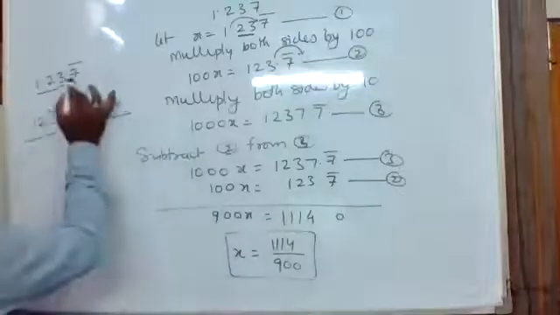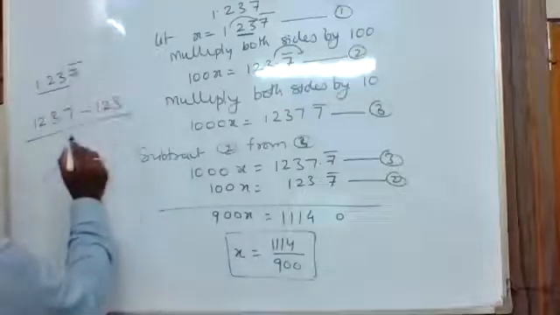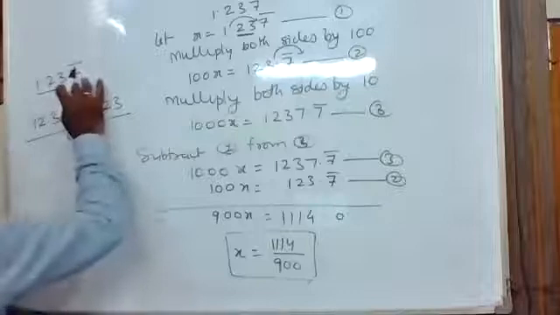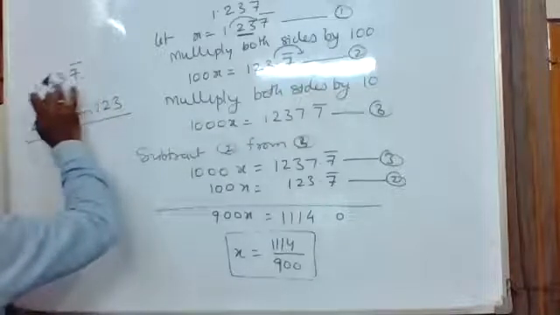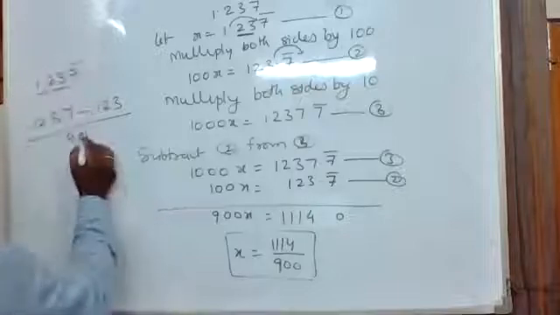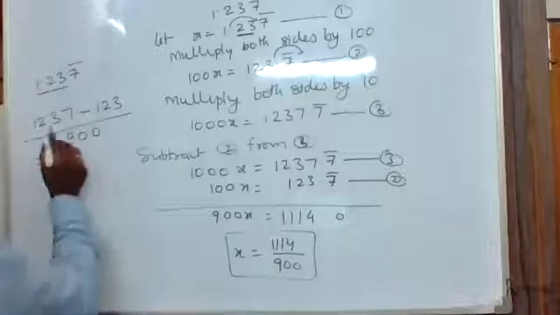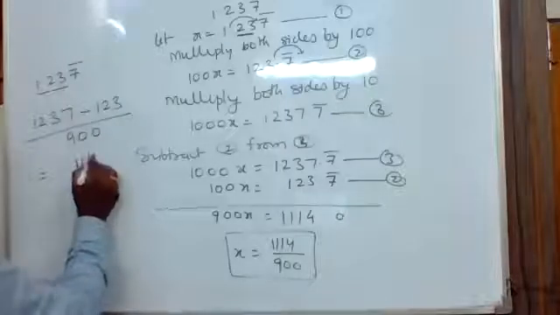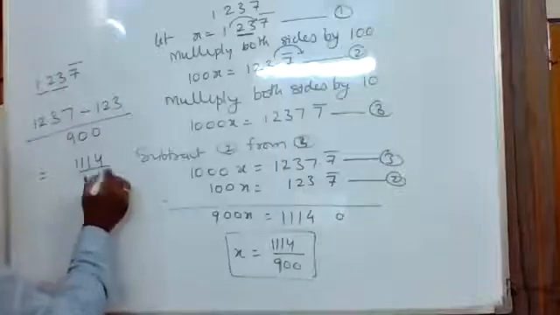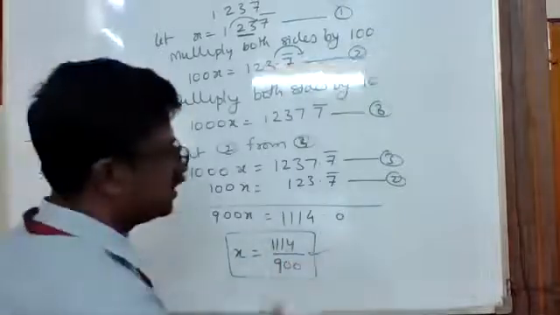For the denominator, we see how many digits have the bar. There is only one digit, that is 7. And how many digits do not have the bar? 2 digits, 2 and 3. Therefore put 2 zeros. 1237 minus 123 is 1114 upon 900. That's the answer we are getting.